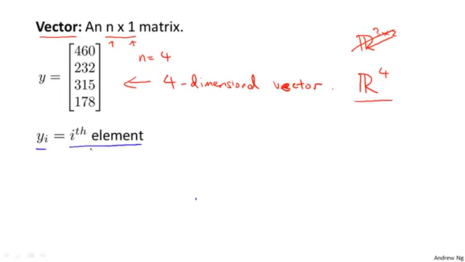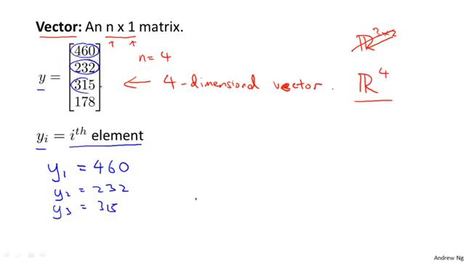So y is this vector, and y subscript i is the ith element. So y1 is the first element, equal to 460, y2 is the second element, 232, y3 is equal to 315, and so on. Only y1 to y4 are defined because this is a 4-dimensional vector.